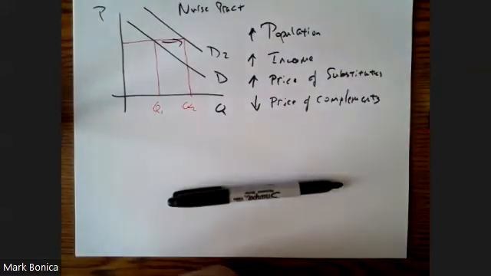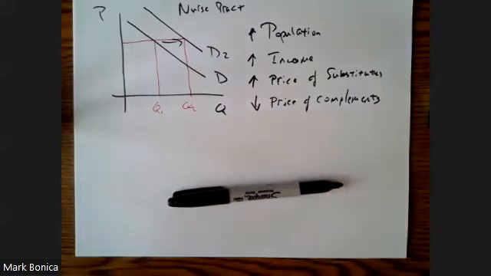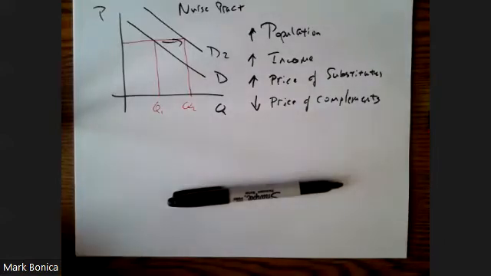So let's think about two things you consume together with nurse practitioners. So maybe if pharmaceuticals had a secular decrease, so they all kind of went down in price, well, it's not uncommon that when you go to see the nurse practitioner that you're going to get a prescription.